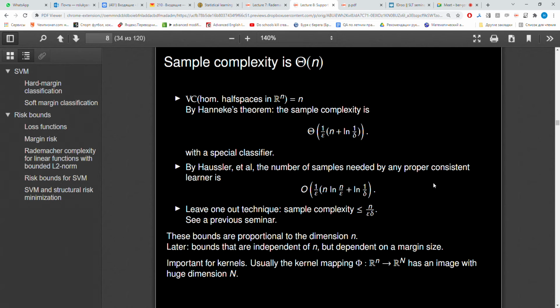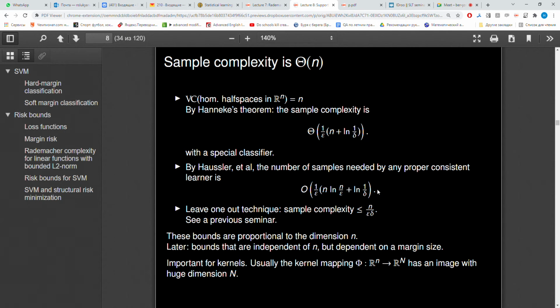So what can we say? We know from the previous lectures that there are some measures of sample complexity, such as VC dimension, and in its terms the sample complexity can be computed in this time and can be achieved in this time.